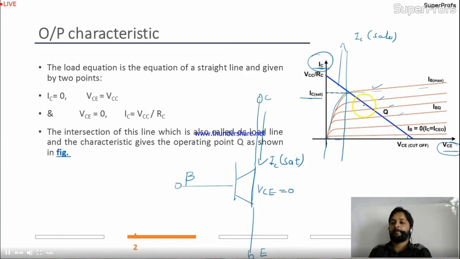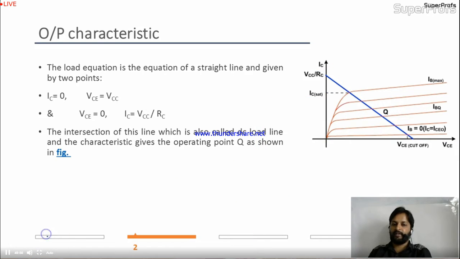Okay, and the max current in this region is nothing but the IC saturation. Is it okay? Now let's come to the second thing, which is drawing the load line on the output characteristics, and the load line itself is drawn over VCE and IC. VCE and IC, this is the output of BJT.